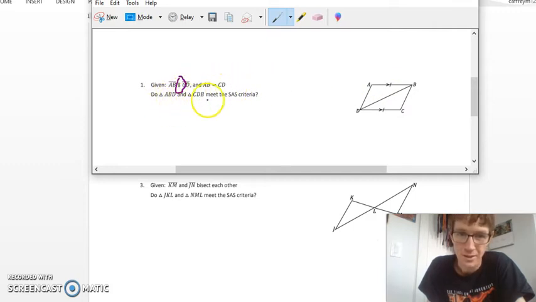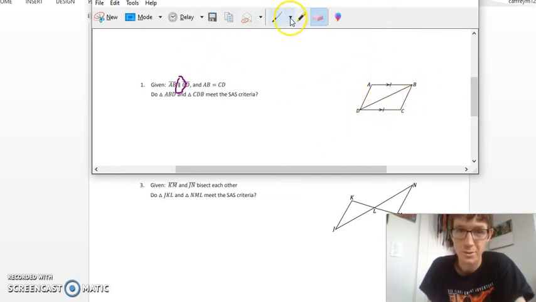Now it's asking, does ABD, so that's this triangle, does ABD meet SAS criterion with this other triangle, CDB? So is this triangle congruent with this triangle? And they kind of share a side here.